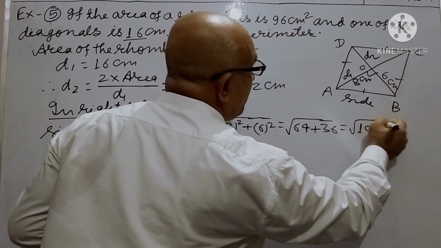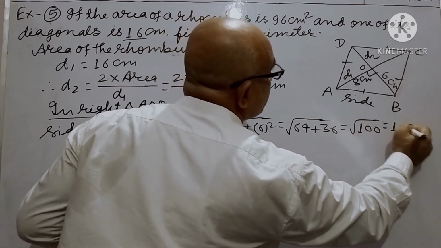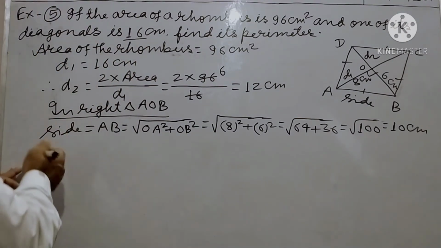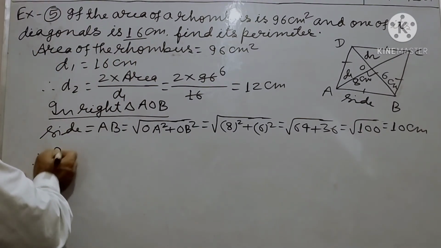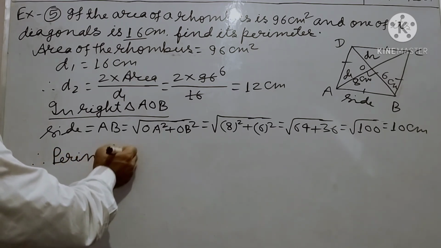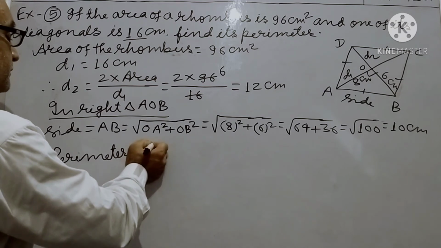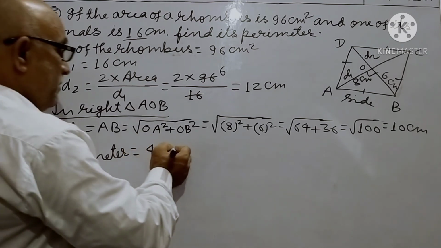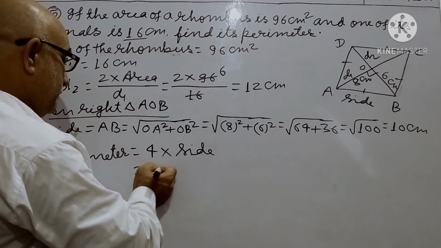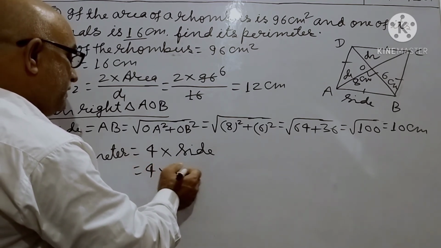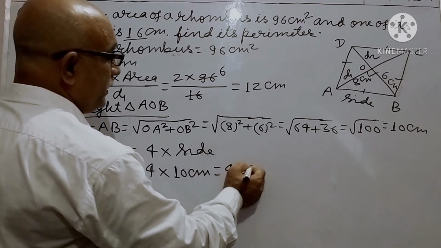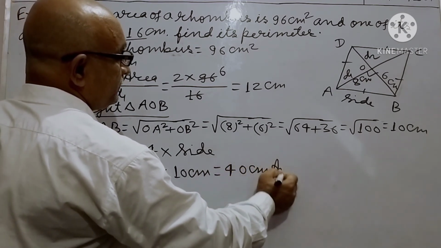Square root of 100 equal to 10 cm. So side of this rhombus is 10 cm. Now therefore perimeter of rhombus is 4 into side equal to 4 into 10 cm equal to 40 cm. Answer.